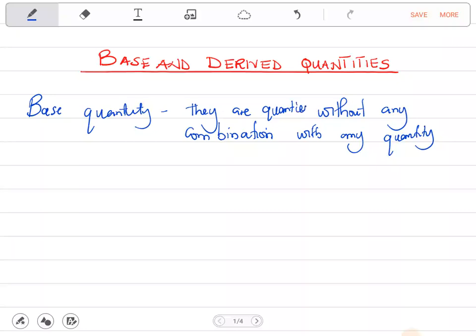While, on the other hand, we have derived units, or let me say derived quantities.